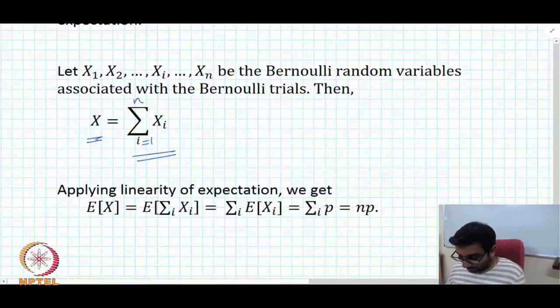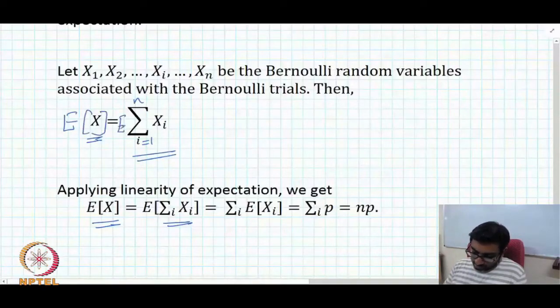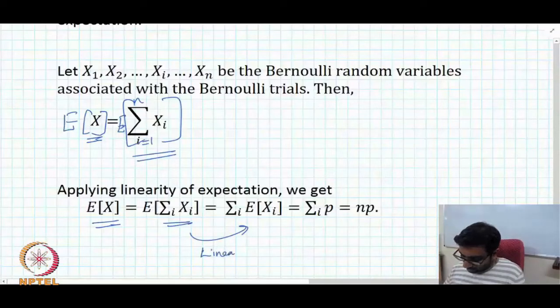Okay, so now we can easily apply the linearity of expectation. What we want to understand is the expectation of X. And that's therefore going to be nothing but the expectation of the summation over all i of Xi. Well, that's obtained by applying expectation to both sides. And now we apply the linearity of expectation.